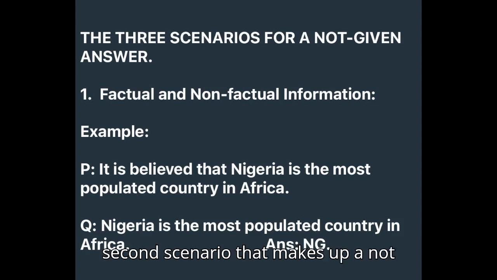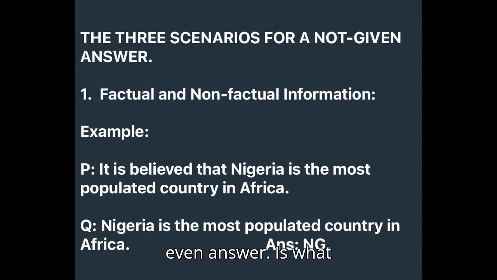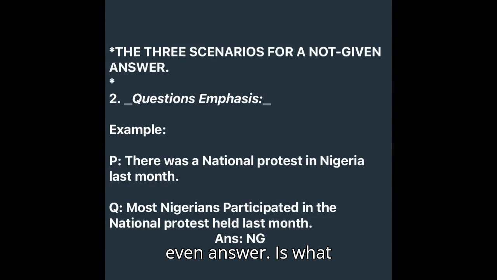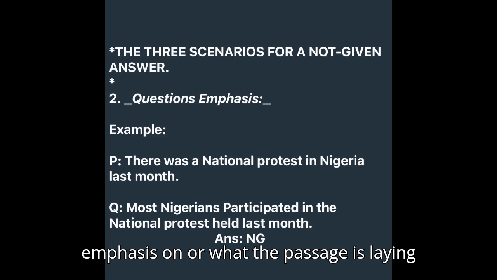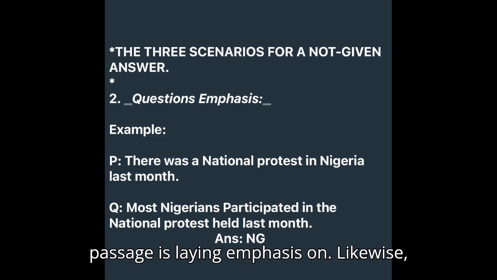Now the second scenario that makes up a not given answer is question emphasis. I call it question emphasis. You need to know what exactly the question is laying emphasis on, or what the passage is laying emphasis on. So you should check what the passage is laying emphasis on.